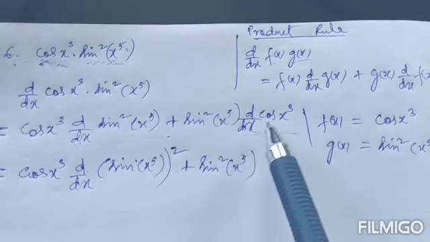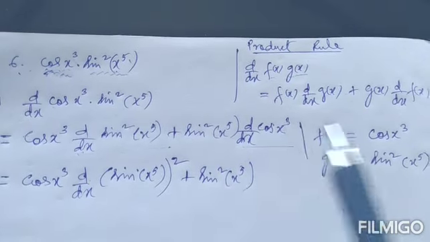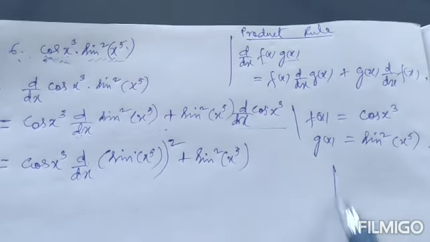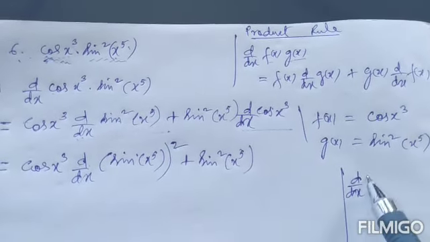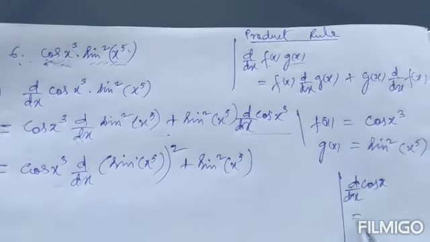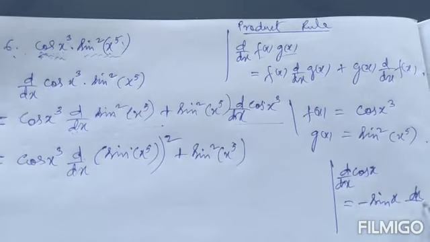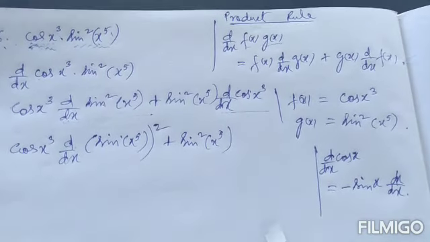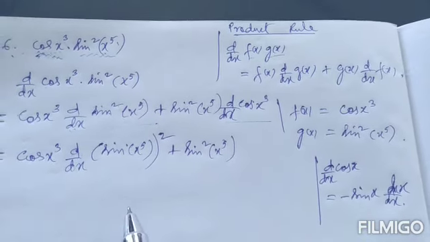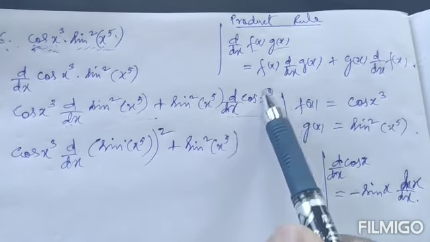I have to differentiate cos of x cube. I have no square on cos, no power on cos, so I'll use the formula of cos directly, which says that d by dx of cos of x equal to minus sin of x dx by dx. So wherever x is present, I'll have to write x cube.